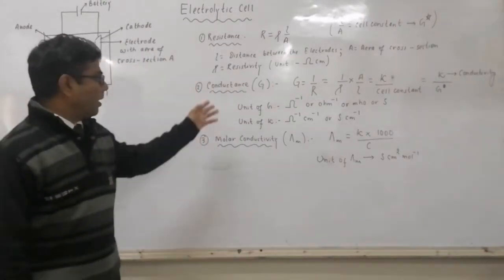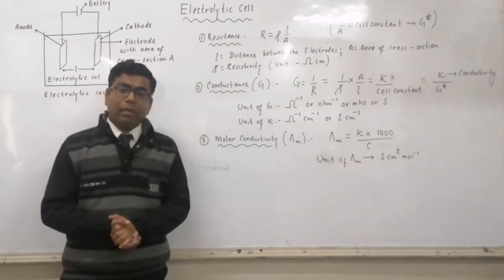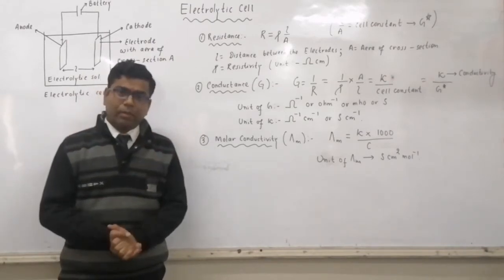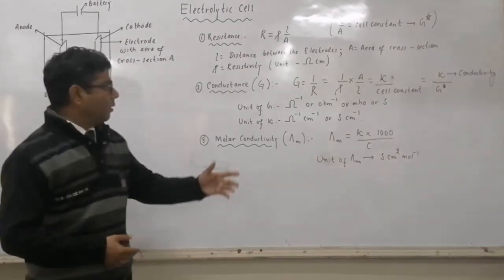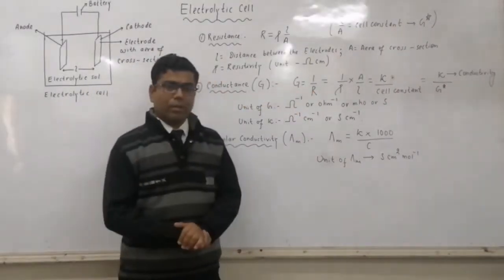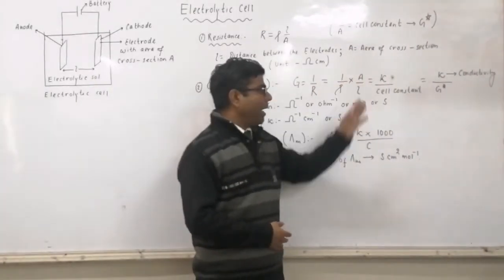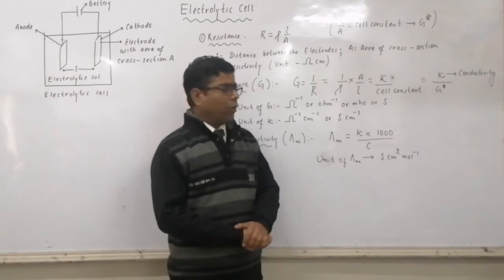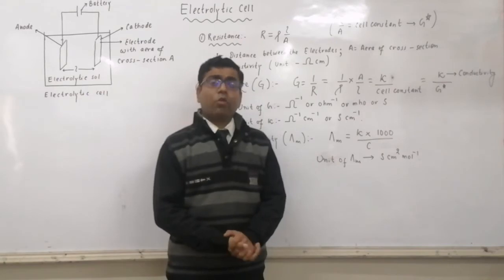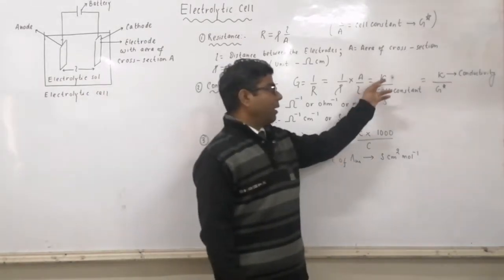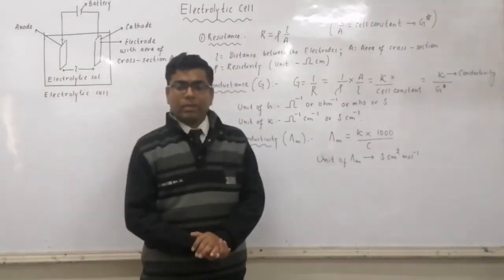Now next is conductance, just the inverse of resistance. The ease of the flow of current is called conductance. So here we can write G equals 1 by R. Putting the value of R, the formula becomes 1 by rho into A by L. Now the inverse of resistivity, or reciprocal of resistivity, is called conductivity, which is represented by the letter kappa.